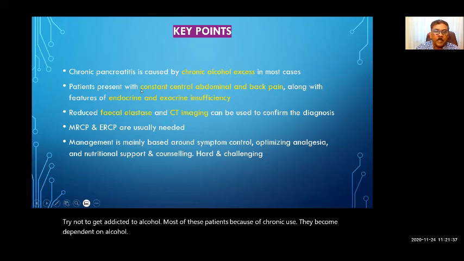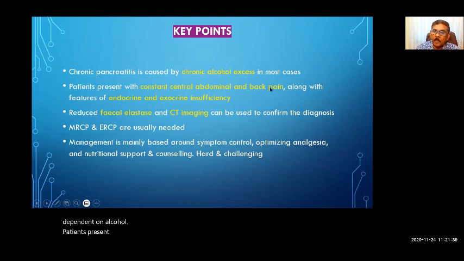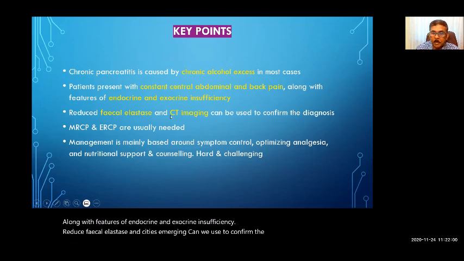Patients present with central abdominal pain radiating to the back, along with features of endocrine and exocrine insufficiency. Okay. Reduced fecal elastase and CT imaging can be used to confirm the diagnosis in advanced, late cases.